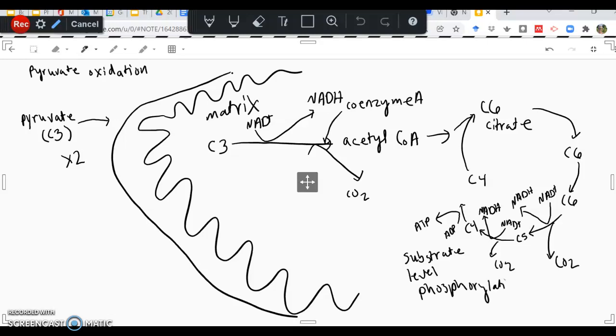We saw that occur in glycolysis as well. All right, so we have a C4. We're going to continue to manipulate it to get some more electrons out.